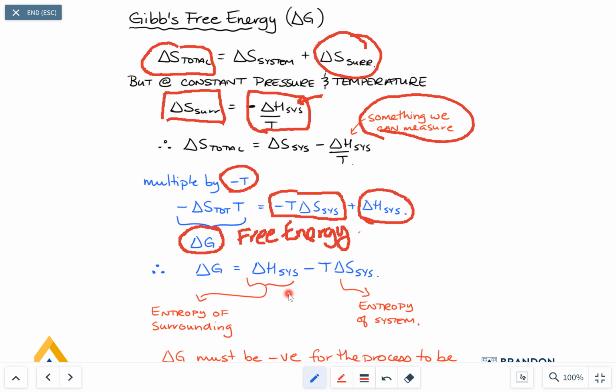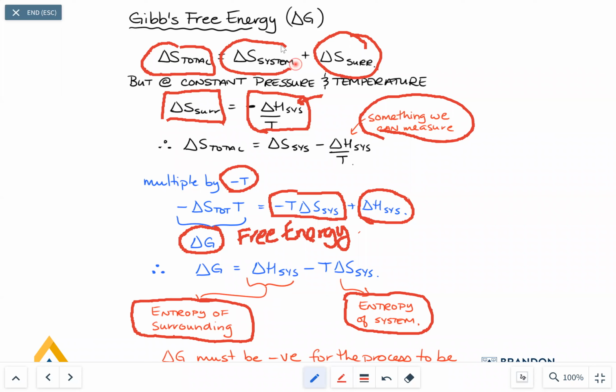And then this gives us our new equation, which is free energy equals the enthalpy of the system, and minus T times the entropy of the system. Sorry, this should be surroundings. This is the entropy of the surroundings, because that's what that's been converted to, and this is the entropy of the system. So we've gone from these two things, and now it's nicely packaged as free energy.